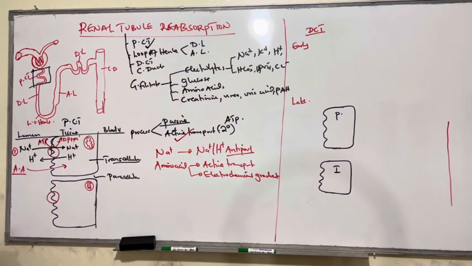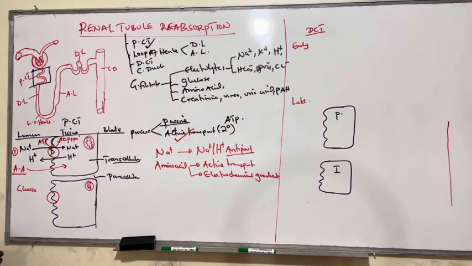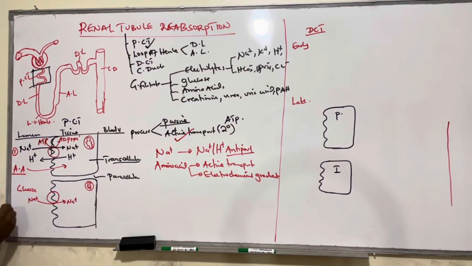Then we are going to see other substances like glucose. When we have glucose, we see the majority of the glucose also being reabsorbed in the PCT by active transport. Whenever we have sodium inside here, as the sodium is moving into the cell, the glucose says I will not remain behind.